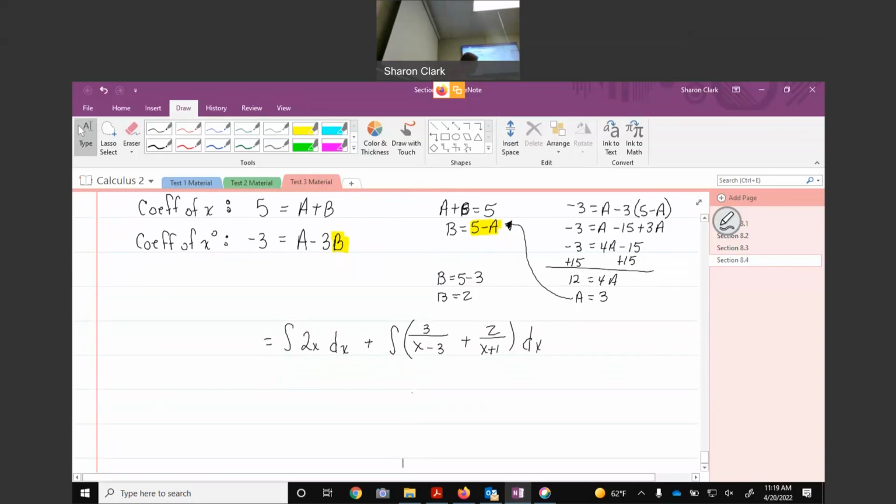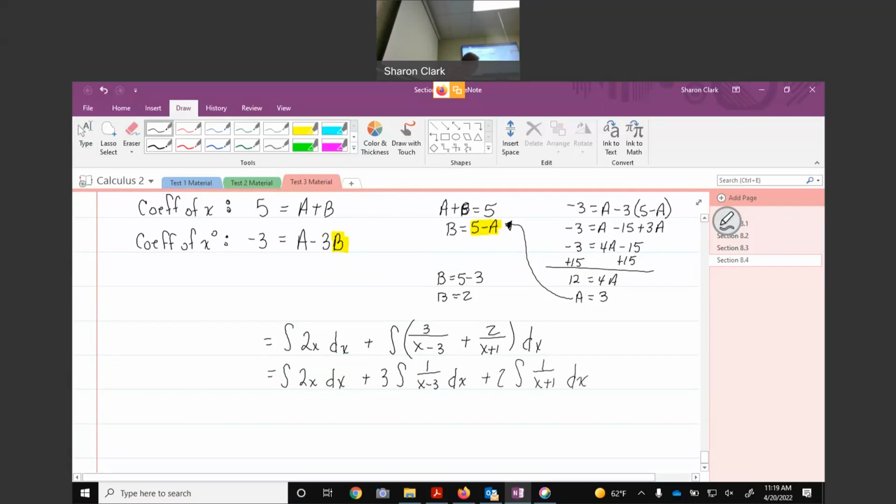Okay, so let's go ahead and split it one more time and then I'll do the integration. Plus 3 integral 1 over x minus 3 dx plus 2 integral 1 over x plus 1 dx.